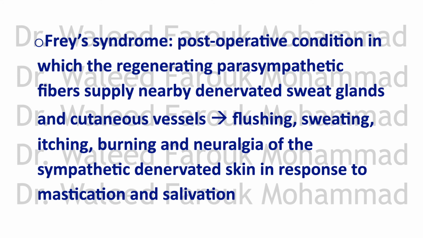Now, after the operation, post-operative, the nerves, the parasympathetic supply for the gland will start to regenerate. Now, when it regenerates, it will supply extra structures like the sweat glands that were denervated before. So this is odd. Why?